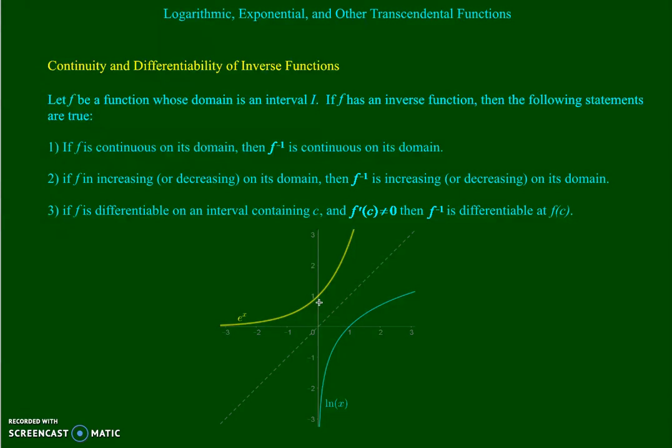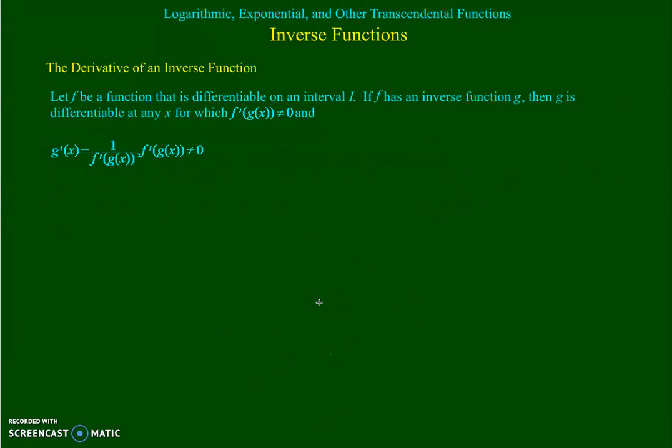Now this concept leads us to a discussion of the derivative of an inverse function. The derivative of an inverse function is given by this expression. Now before we begin with a detailed explanation here, you may be wondering, what's the big deal? Why are we considering the derivative of an inverse differently than the derivative of any other function?